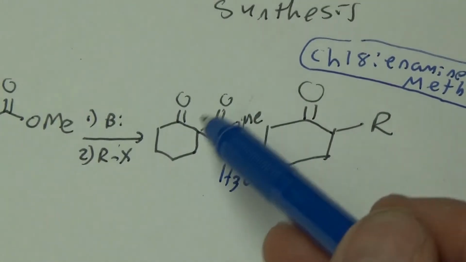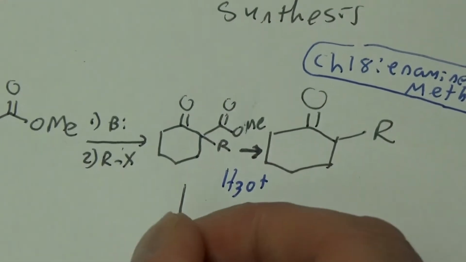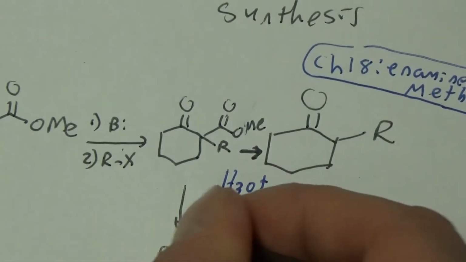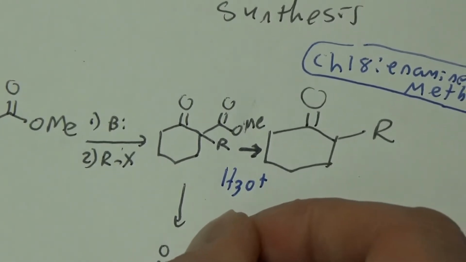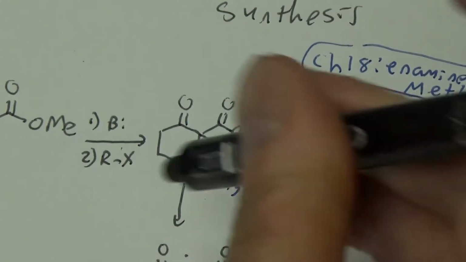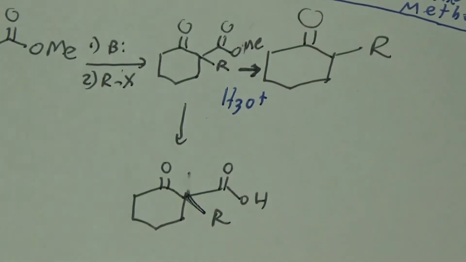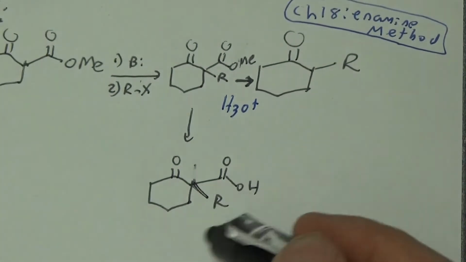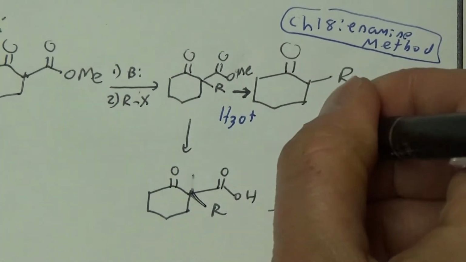It's going to hydrolyze the ester to the beta keto acid, with the R group there, whatever. And then what do we know about beta keto acids? They do that thing where it flips up and then it loses CO2, and then it basically would make this.